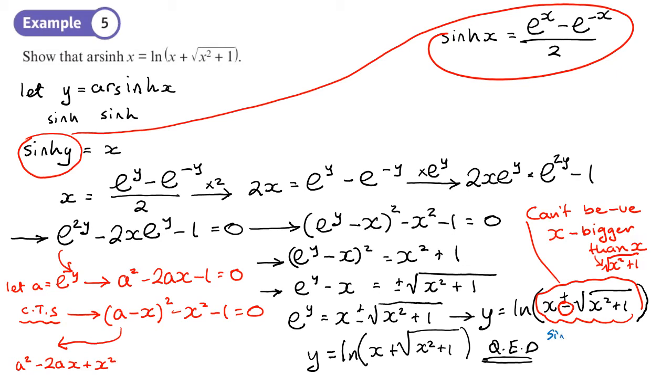Since the square root of x squared plus 1 is always going to be greater than x, therefore we take the positive square root to ensure the bracket is positive, or something like that, just so that the examiner knows you can't take the negative square root.